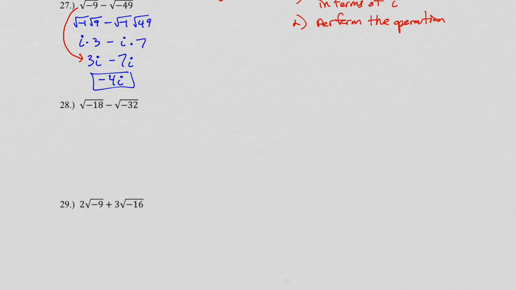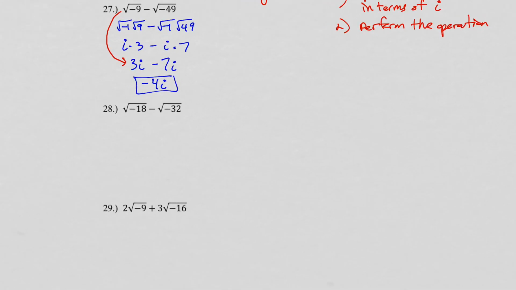Actually, why don't you go ahead and try this one. So the tip here is not only to take the i out, but also to simplify the 18 and the 32. See you in a few minutes.